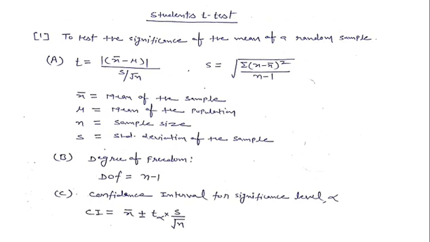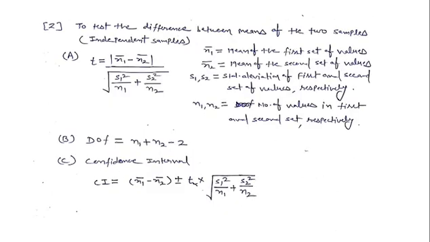Now we see the second case. In the second case, we want to test the difference between the means of two samples, and the two samples are independent. In this case the t statistic will be t equal to (x1 bar minus x2 bar) upon under root of (s1 square upon n1 plus s2 square upon n2).